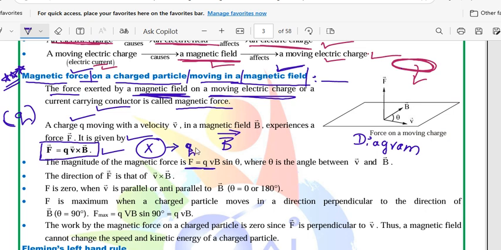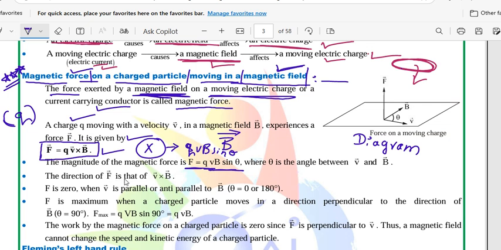So F is equal to qvB into sine theta, where theta is the angle between the velocity v bar and the magnetic field B bar. Is it or not? Okay. So in magnitude, we can write the magnetic force as F is equal to qvB sine theta.